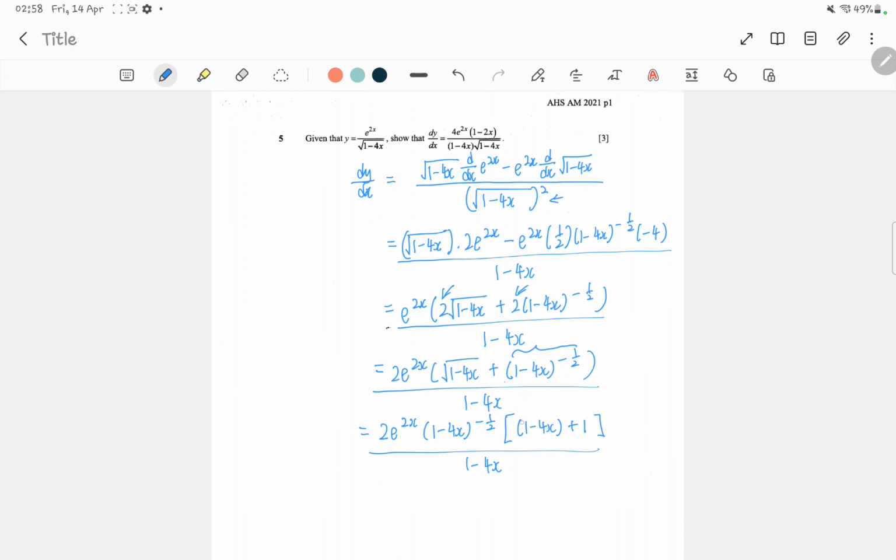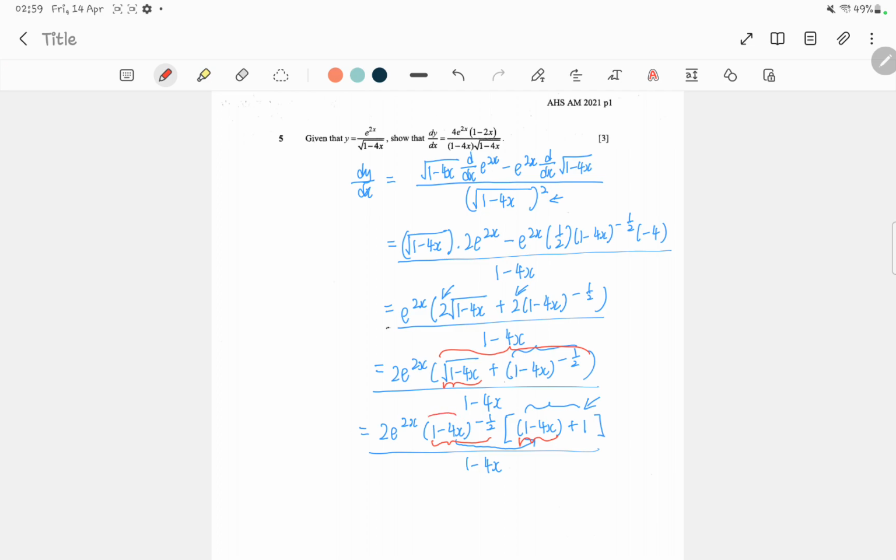If you find it tough to get the expression inside easily, try to guess the expression inside, and then multiply it back in to see whether you get back the original expression. So 1 minus 4x to the power of minus 1 over 2 multiplied by 1 minus 4x, using the laws of indices, clearly the square root of 1 minus 4x is 1 minus 4x to the power of 1 over 2.